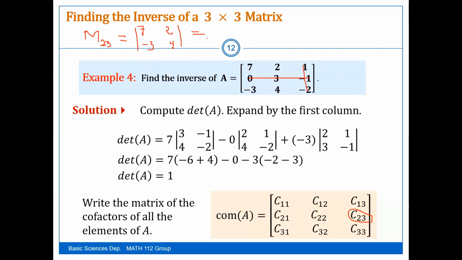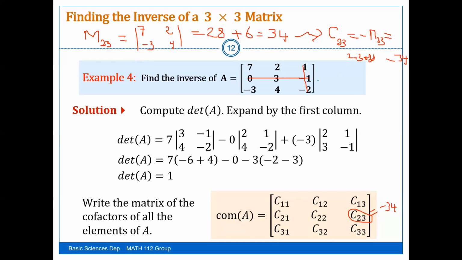You calculate this determinant: 28 plus 6, 34. So C23: 2 plus 3 is 5, odd, so it is minus M23, minus 34. So this element equals minus 34.